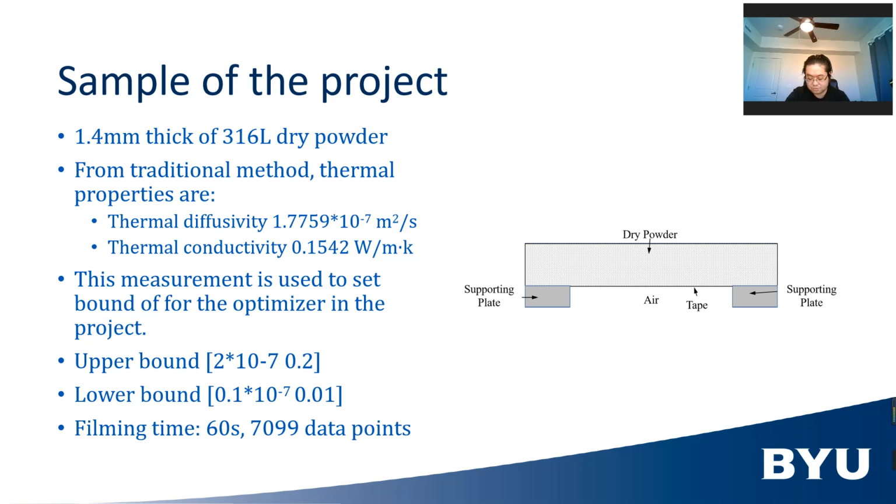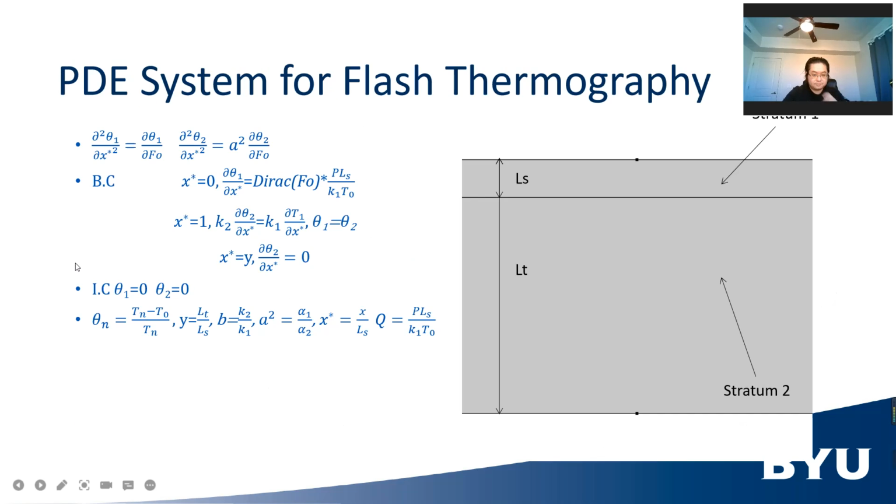The powder is considered to be directly exposed to air, and the air beneath the powder is so thick that we can consider this system as a two-strata system with semi-infinite thick bottom. The measurement of the traditional method is used to set up boundaries in the optimizer of the project, and the IR camera film is about 60 seconds.